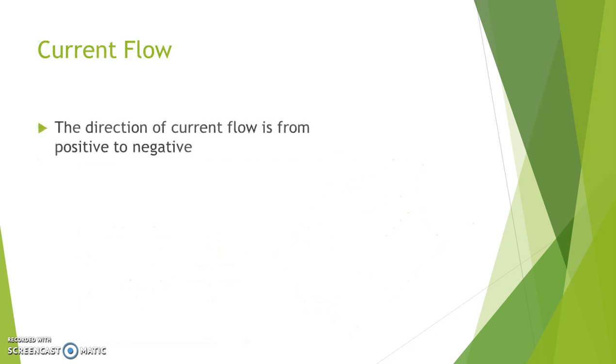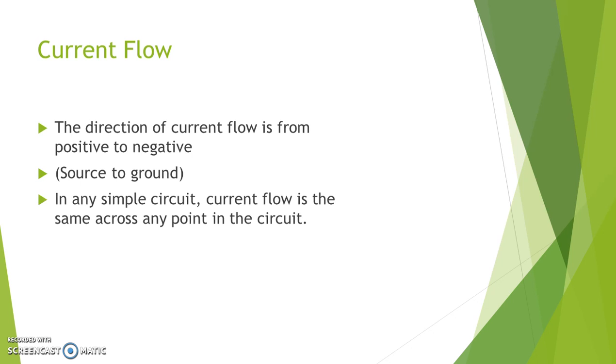Current flow, we alluded to this yesterday. The direction of current flow is from positive to negative. And another way of saying that is from source to ground. Now, in any simple circuit, and maybe tomorrow we'll do some definitions of what a simple circuit is, but a simple circuit has only one direction for current to flow, right?